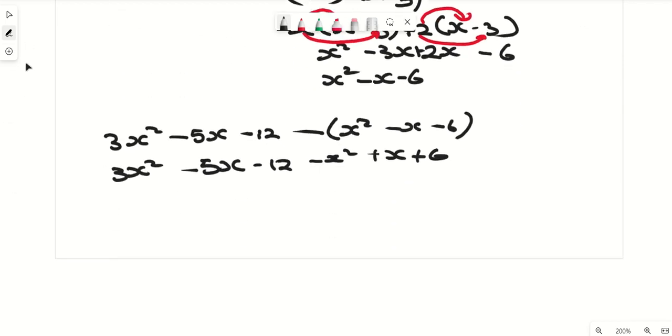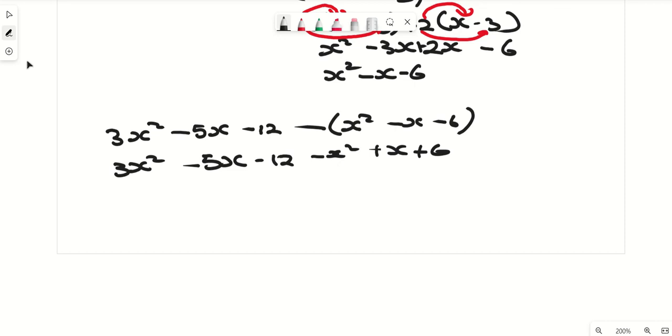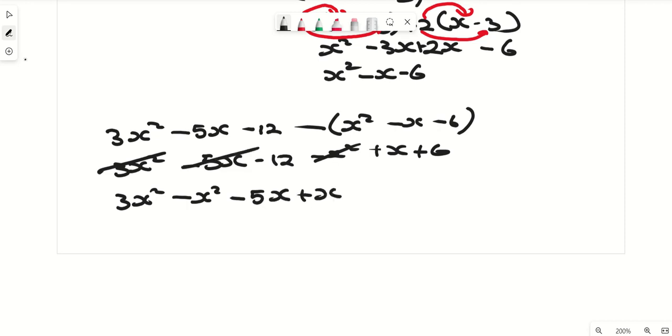Alright, then we're going to group like terms, meaning we group all the x squares, all the x's, and all the numbers. So it's going to be 3x squared minus x squared, then minus 5x plus x, and then minus 12 plus 6. And that would be 3 minus 1, which is 2x squared.